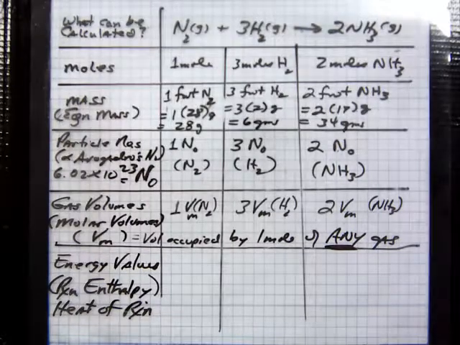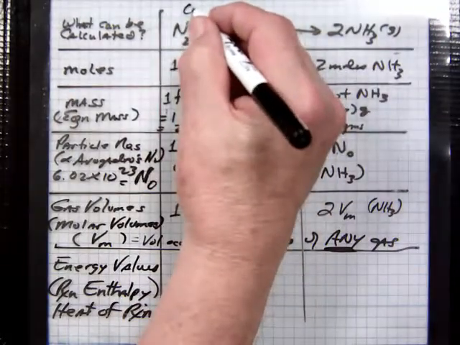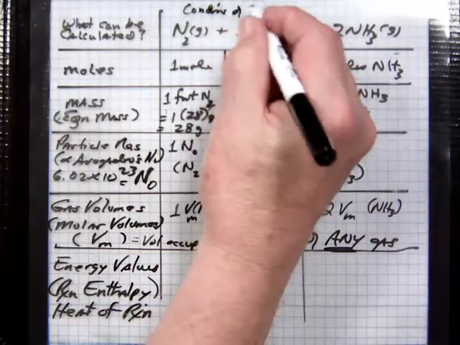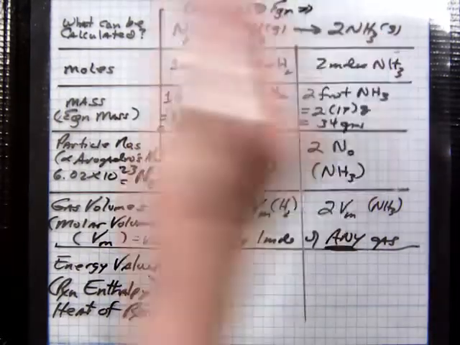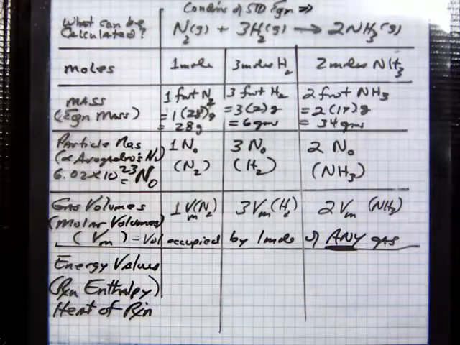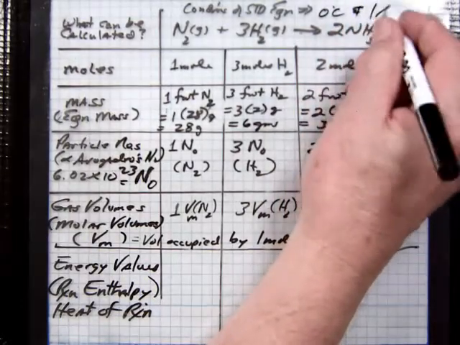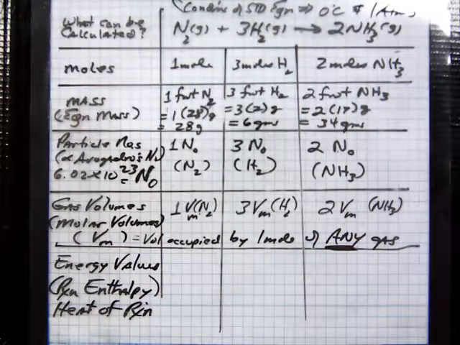Now, having said that, what are the conditions of your standard equation? Remember? The standard equation is defined as 0 degrees and 1 atmosphere. Knowing that, now you can put a number in there.